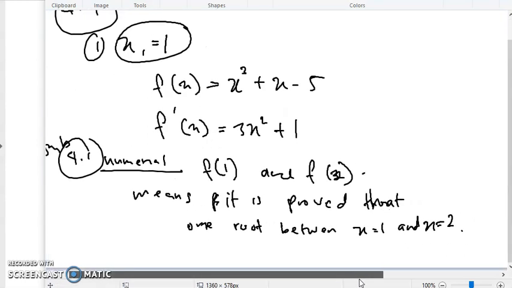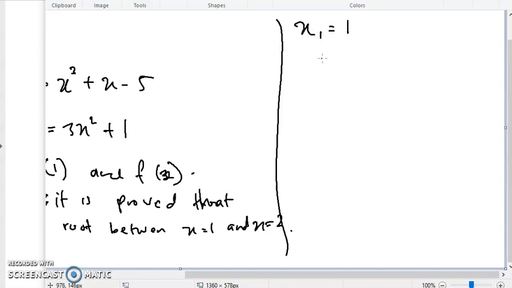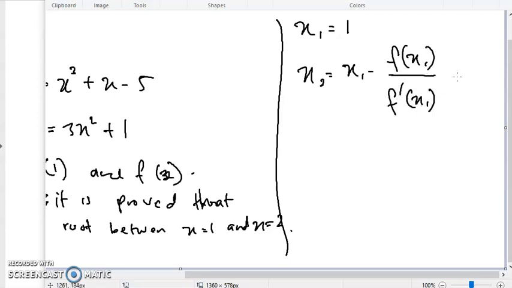Next, what can we do? Of course, we are going to use the Newton-Raphson method. As given, x1 is equal to 1, and we are going to find x2. To find x2, it will be equal to x1 minus f(x1) over the first derivative f'(x1).